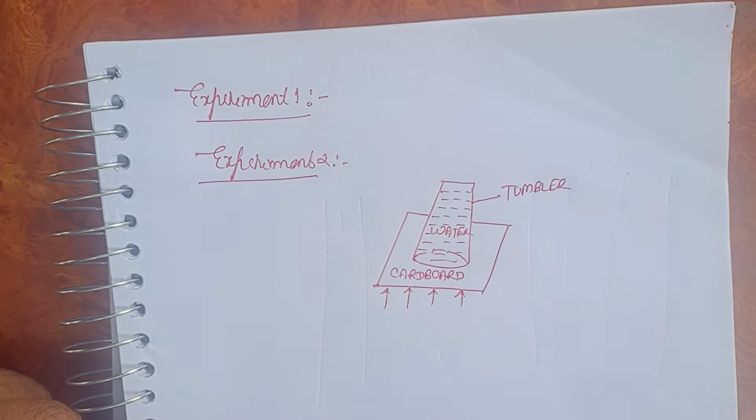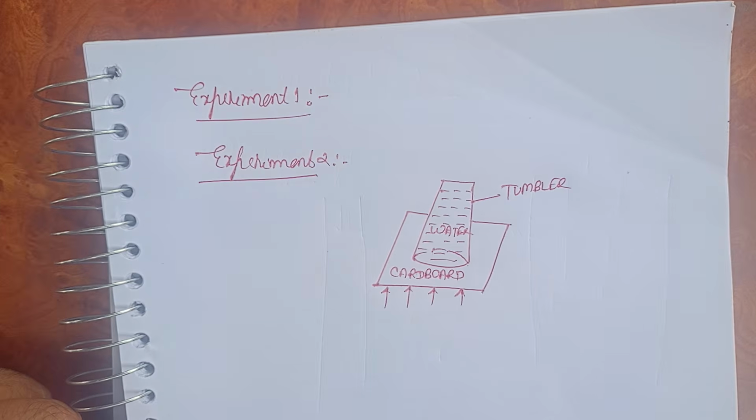Invert the tumbler gently. We shall see that the water does not fall down. This is due to an upward thrust acting on the lower surface of the cardboard by virtue of atmospheric pressure, which is balancing the weight of water in the tumbler.